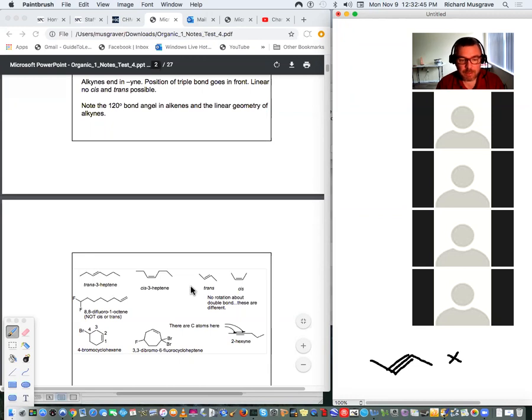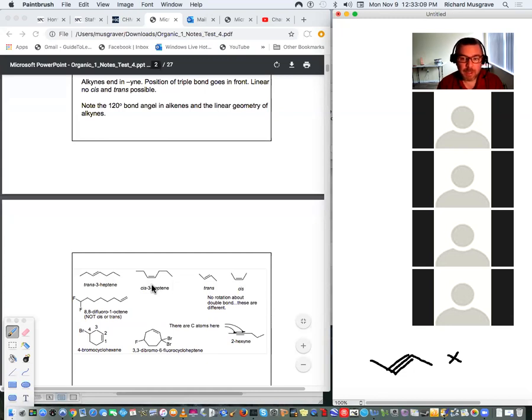When you're trying to tell whether something is cis or trans, you look at the shape of the double bond. In the case of trans, it looks like a zigzag. In the case of cis, it looks like a cup. So you can see the distinction between what trans-3-heptene looks like and what cis-3-heptene looks like. Does anybody have any questions so far?